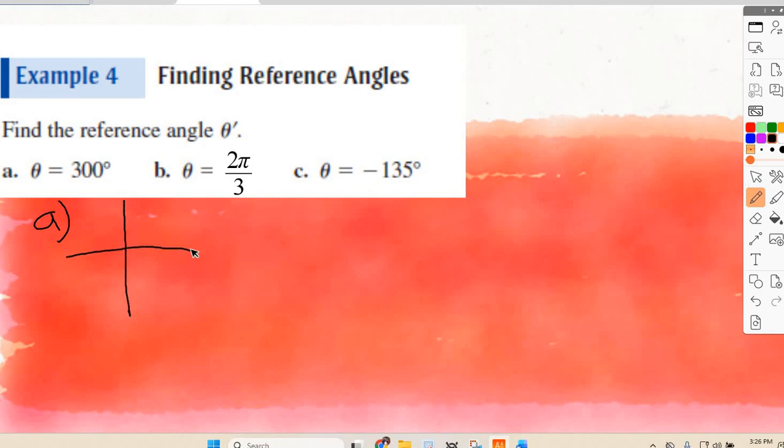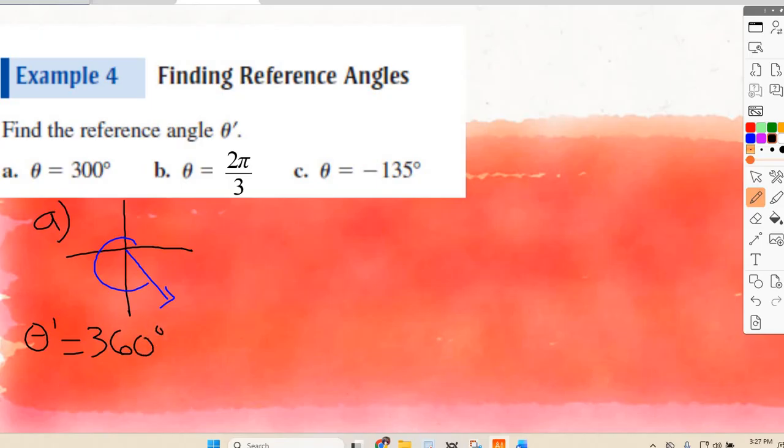So what quadrant is 300 in? The fourth, because it is bigger than 270, but smaller than 360. So how do we find that one? Remember that would give us this piece right there.